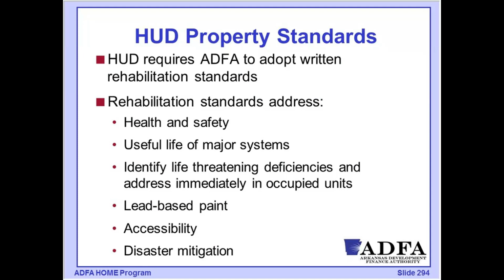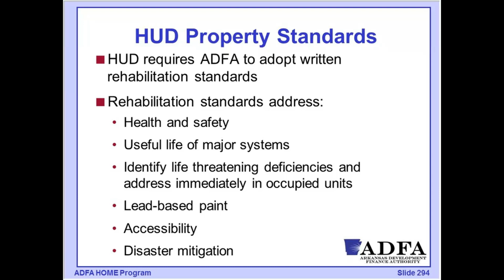So HUD itself, the HOME program, requires that ADFA have written rehabilitation standards in place. And some of the things that are required to be included in those written rehabilitation standards include defining what health and safety issues are. And so defining what those sort of minimum standards for a unit to be considered occupiable, what would need to be addressed.